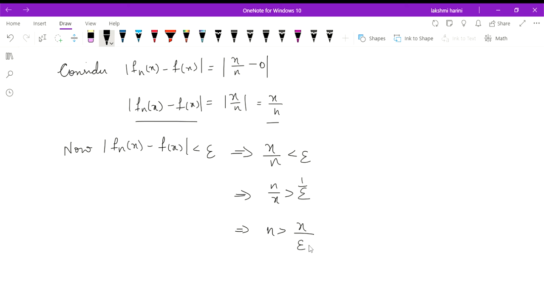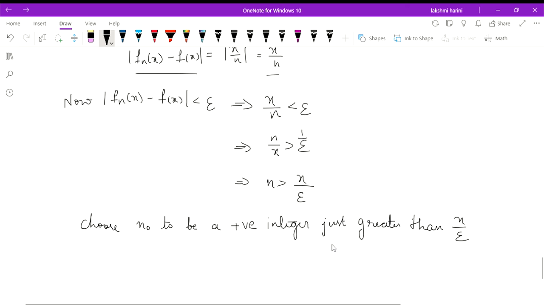Okay, now choose n naught to be a positive integer just greater than x by epsilon.